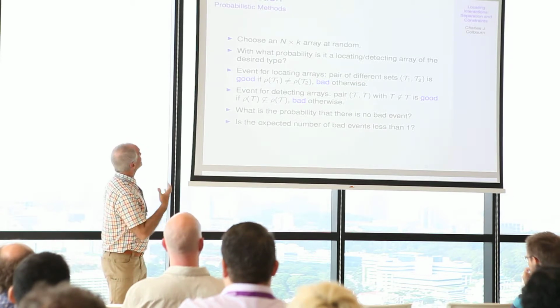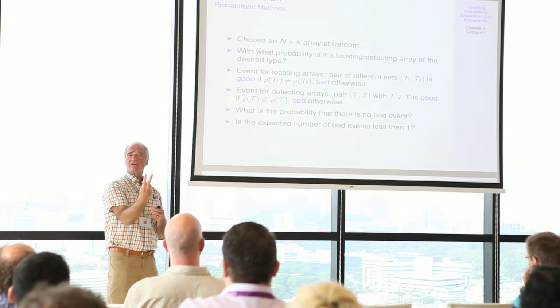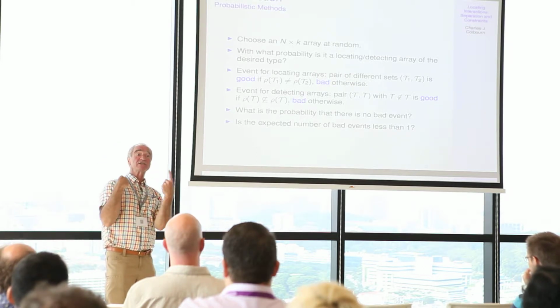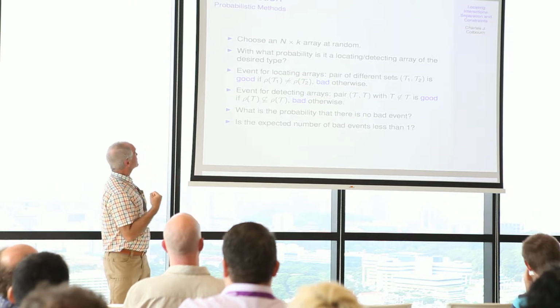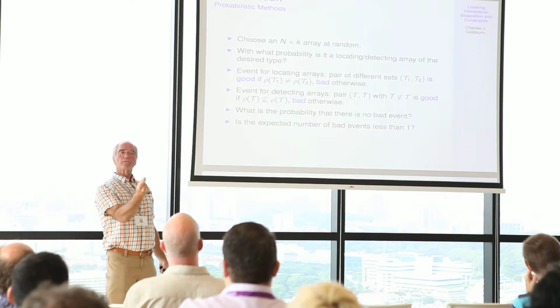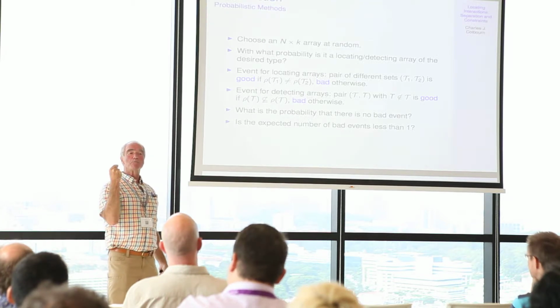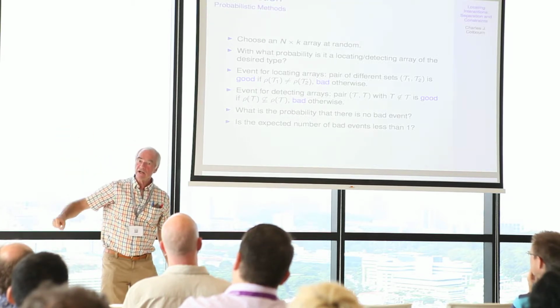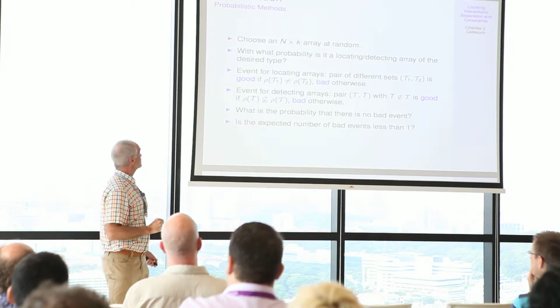Okay? For detecting arrays, you can do the same thing, but now instead of two sets of interactions, it's one set of interactions and another interaction. Okay? And we're saying it's good if that single interaction appears in some row that none of the interactions in the set script T appear in, and it's bad otherwise.